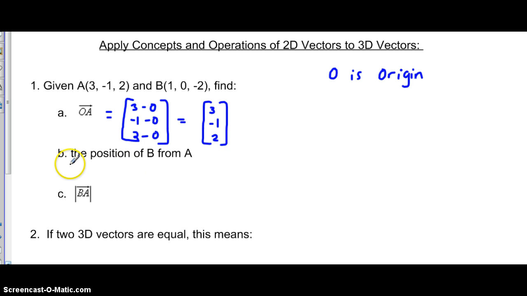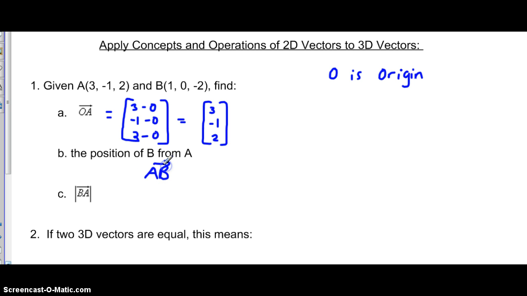Okay, number 1b is kind of interesting in the way it's worded. It says the position of B from A. So understand that B from A means that the emanating point is at A and going to B. So they actually want us to find vector AB.